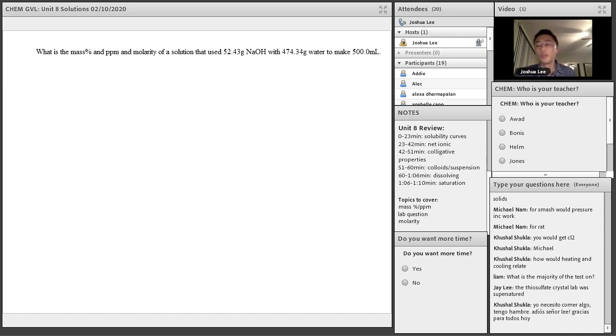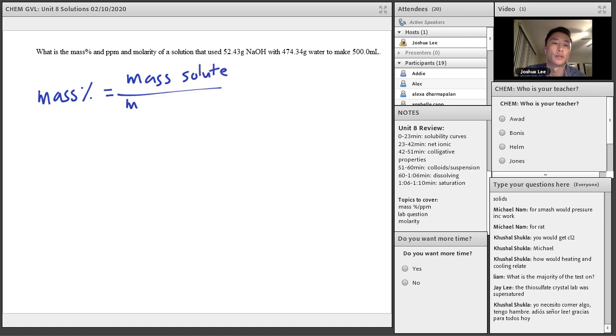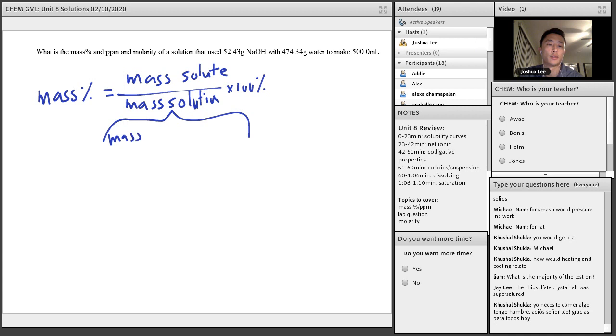I'll write out some formulas so that you guys can start working on any one of the problems. Mass percent would be mass solute over mass solution times 100%. And remember, mass of the solution is mass solute plus solvent.